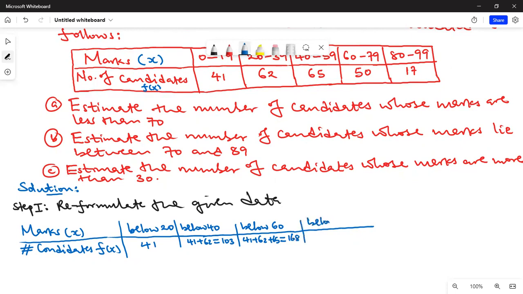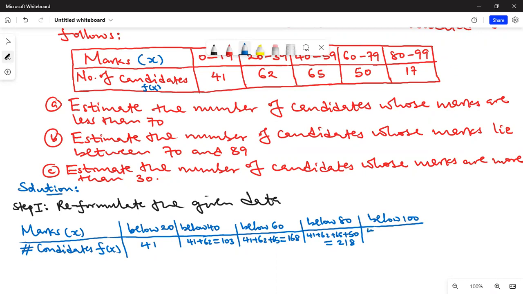What about below 80? That is 41 plus 62 plus 65 plus 50, which is equal to 218. And lastly, below 100, that is the 80 to 99 column.